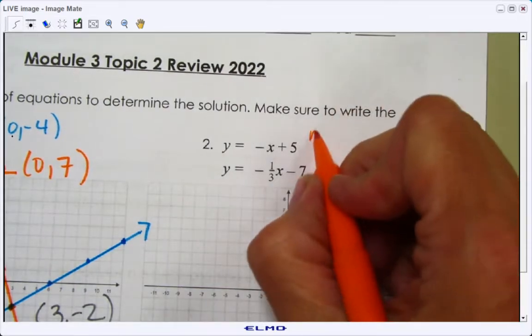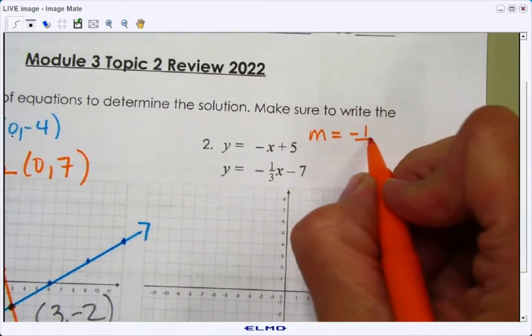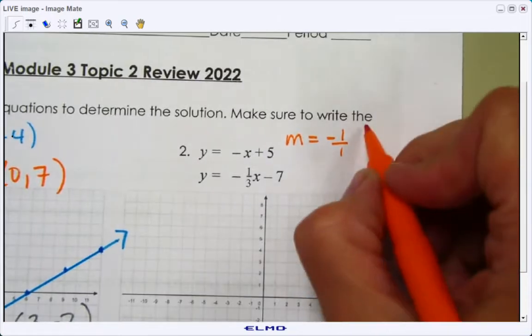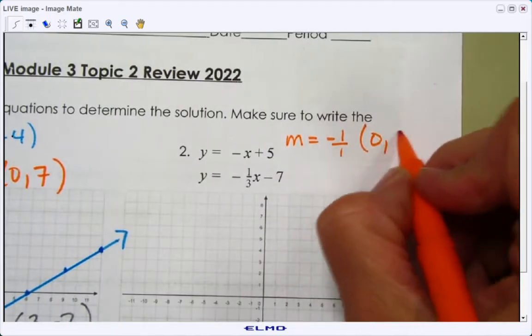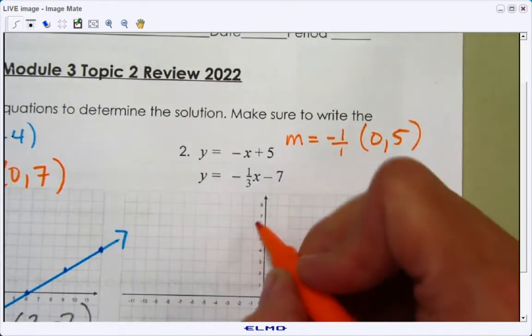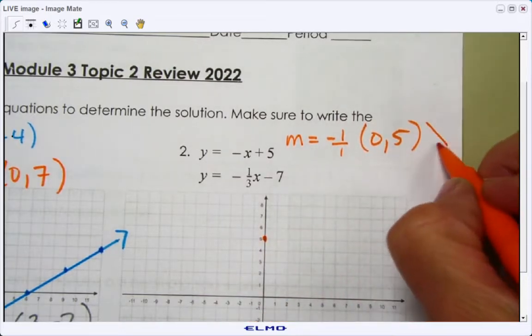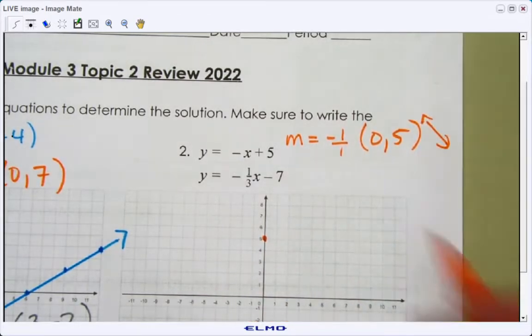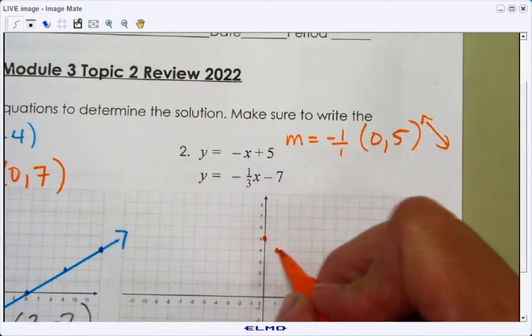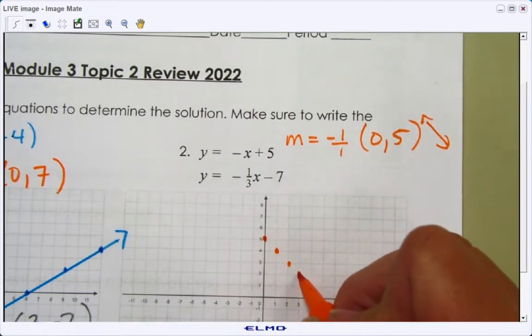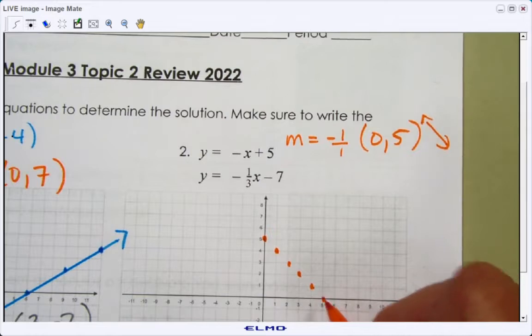Okay, my slope on this first one is -1, and remember that can be over 1. And my other one, and this is 0, 5. So I'm going to go up to 0, 5. Remember, this is negative slope, boys and girls. So I'm going to go down 1 over 1, down 1 over 1, down 1 over 1, like so.